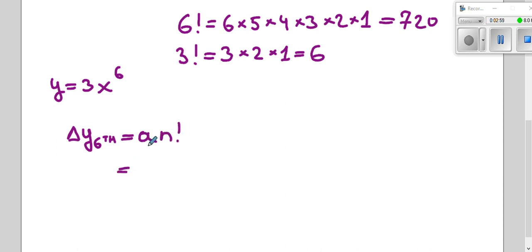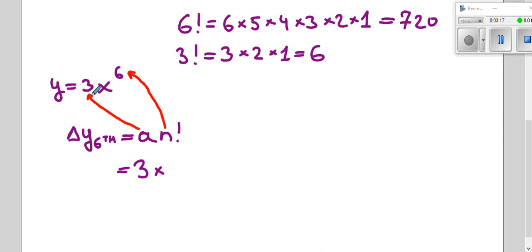In this case, a is our leading coefficient, which in our equation is 3, and n is our degree of the polynomial.